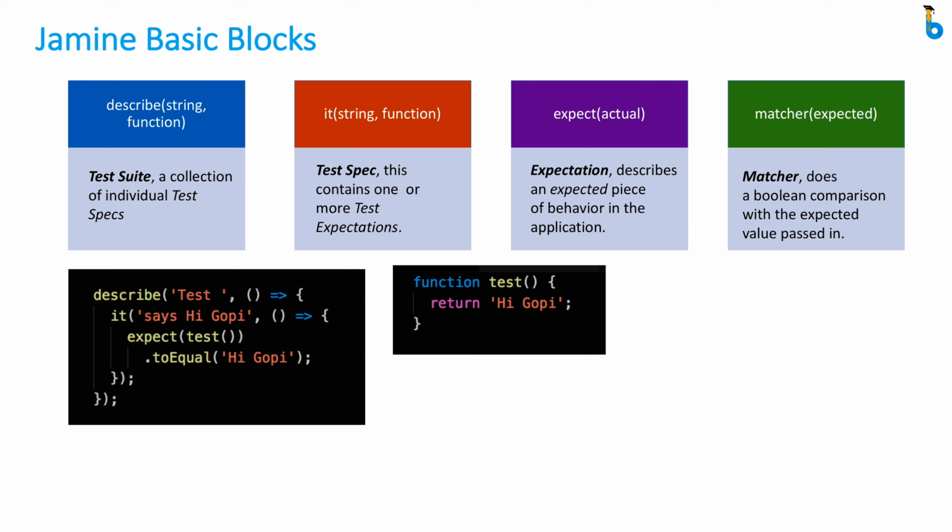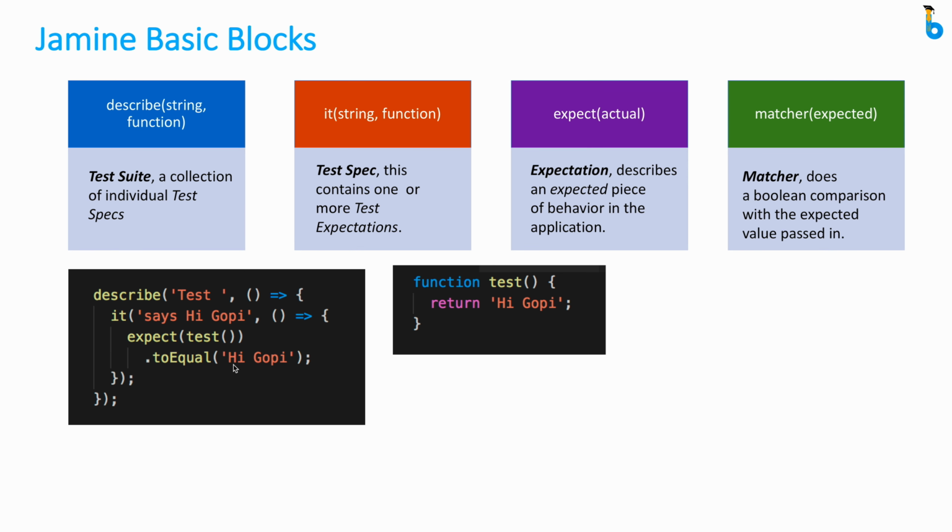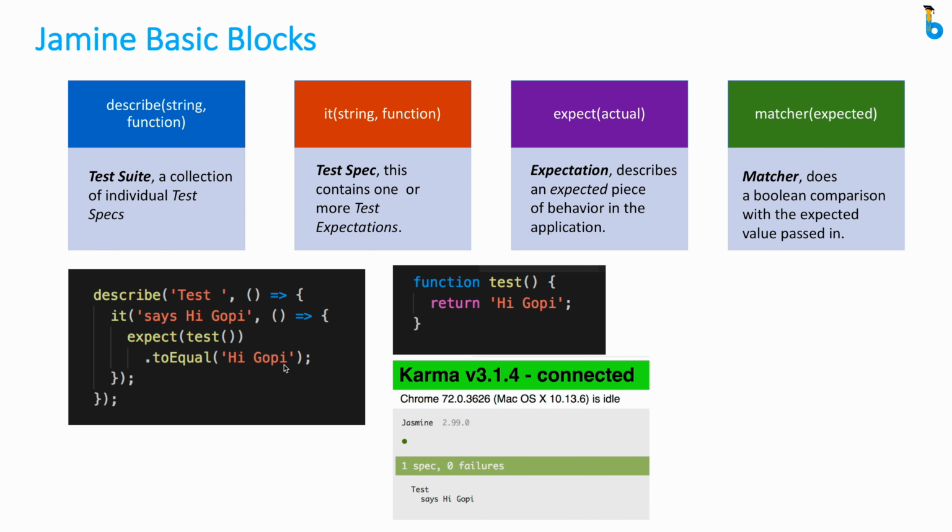It has the dot toEqual, that is a matcher, and it matches the value of the string "hi gopi". So what happens here is the function test returns "hi gopi". Here we are expecting the test function to equal the string "hi gopi". So how will the result look?